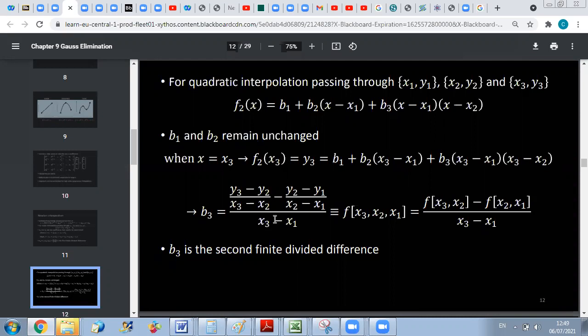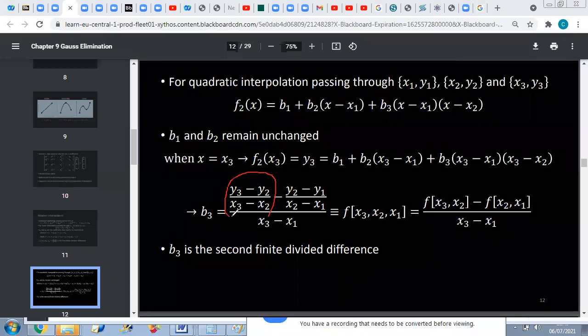You can say that I end up with the subtraction of 2 terms, and this term is involving data points 2 and 3, and this term is involving data points 1 and 2. So I can say that this can be written as f of x3, x2, and this term can be written as f of x2, x1.